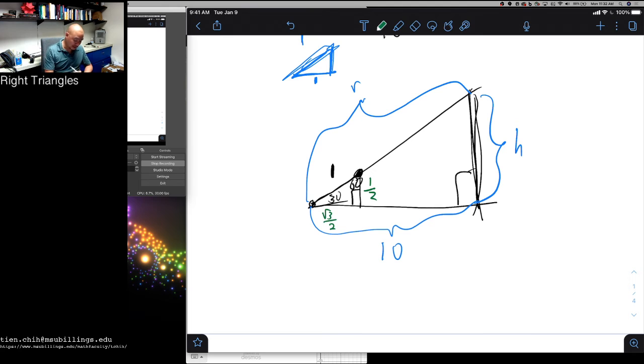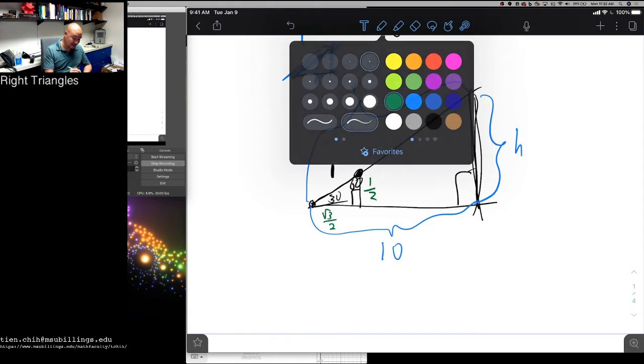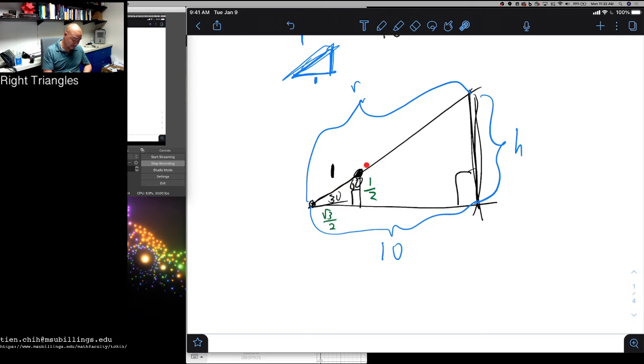And so what I know is that since everything's to scale, and this is 1, and this is r, what I get is that the hypotenuse r is equal to r times the hypotenuse of the unit triangle, which is 1.